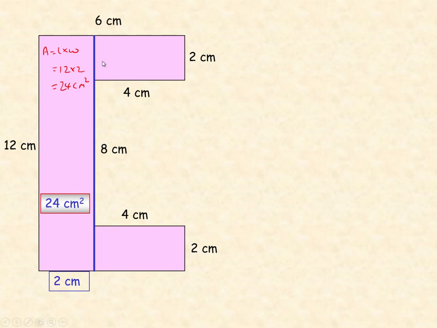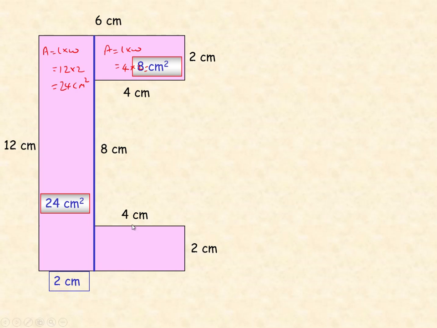Now the area of this smaller rectangle is going to be what? Be careful. Always writing the formula. Now the long side is 4. There's a temptation to use that 6, but don't forget the 6 goes all the way across. So 4 times 2, which will give us 8 centimeters squared.